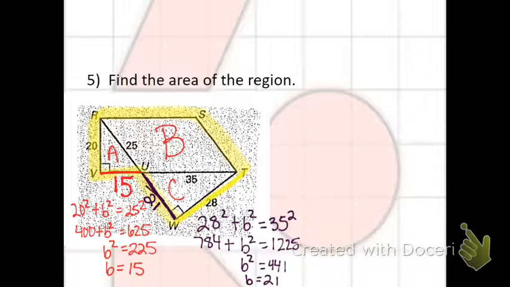The only other thing that I want to point out that might not be super obvious would be the height of this parallelogram. Again, remember that your base and your height need to be perpendicular. I'm going to show it over here, going down from S. There we go.